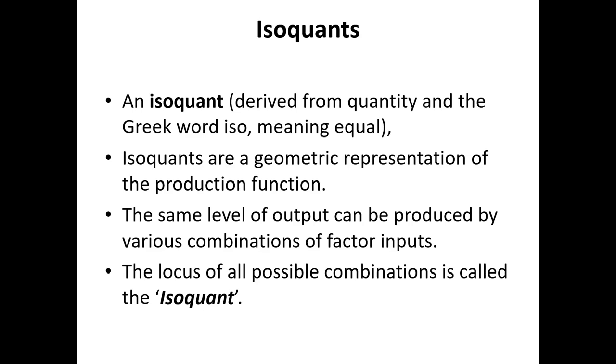So an isoquant is derived from the quantity Greek word which means equal. So when we're dealing with isoquants, we're using a geometric representation of the production function, where we're going to draw lines that join points that offer the same production.